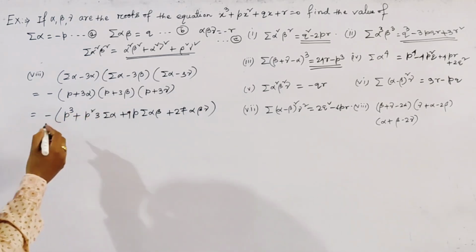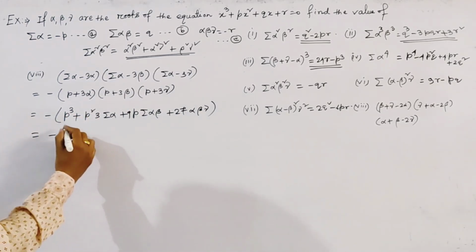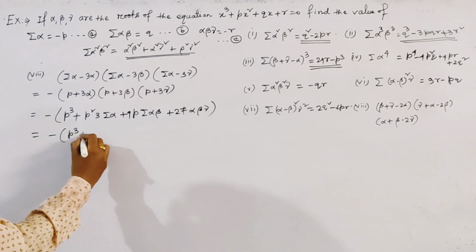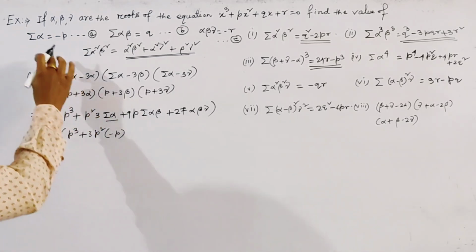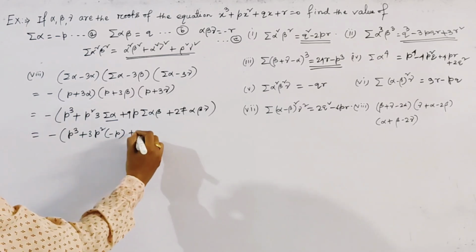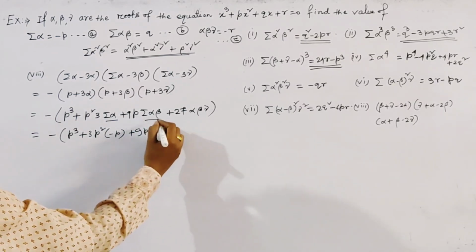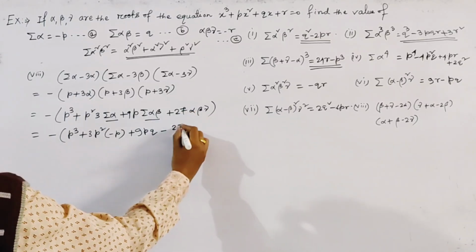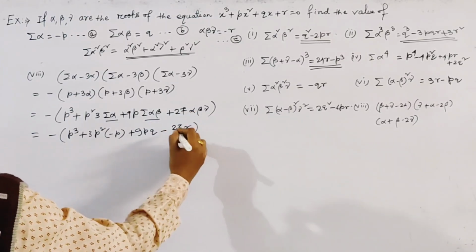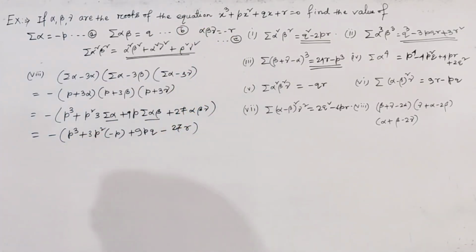This is easy multiplication, so we put the value, p cubed plus 3p square into minus p, because this is summation alpha, plus this is 9p into this is q, and the last is 27 into r, this is minus because alpha beta gamma is minus r.